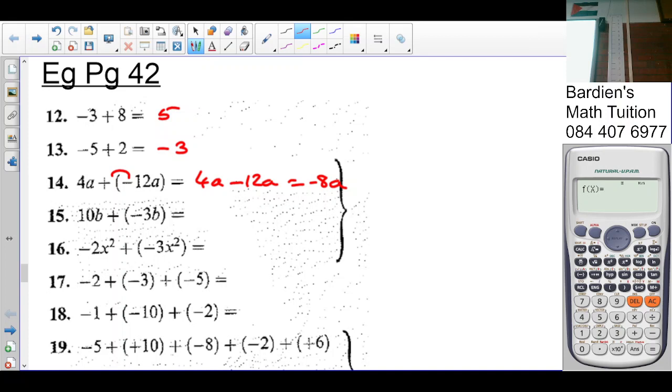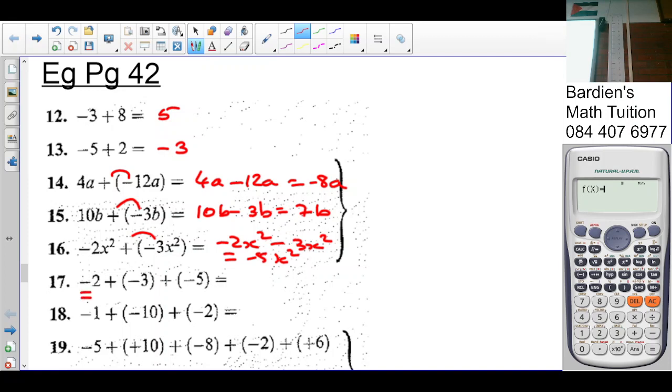Negative. So it's 10b minus 3b, which is 7b. So it's negative 2x squared, positive times negative is negative 3x squared, which is negative 5x squared. And notice how you are doing it without that middle step, which is fine, no problem with that.